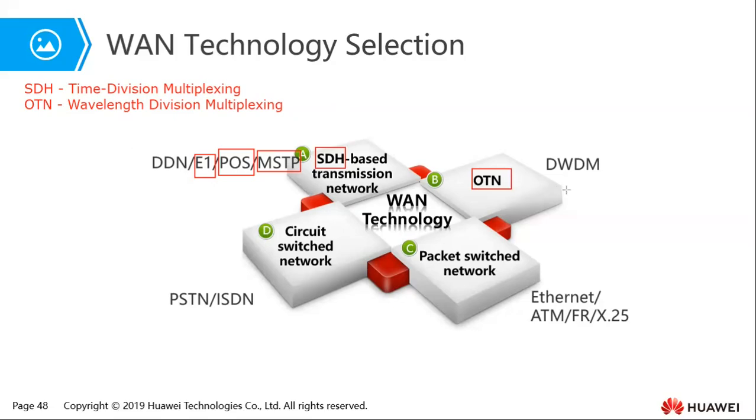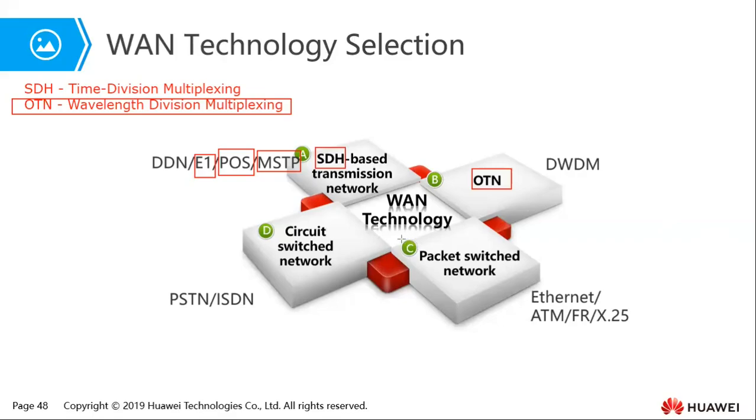One of the most commonly used ways to connect to the WAN from your enterprise is OTN, or optical transport network. As I've said, OTN uses wavelength division multiplexing. It can do speeds of up to 10 gigabits per second, and it's widely used for backbone networks interconnection.